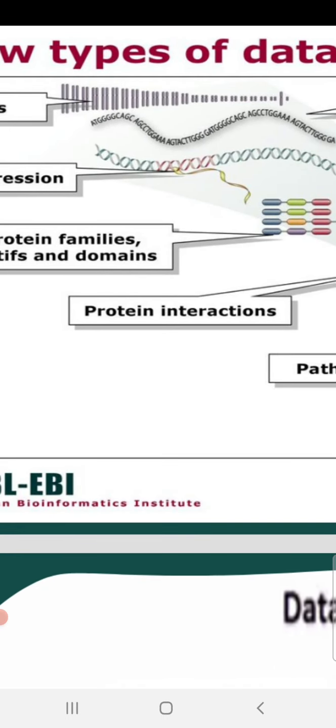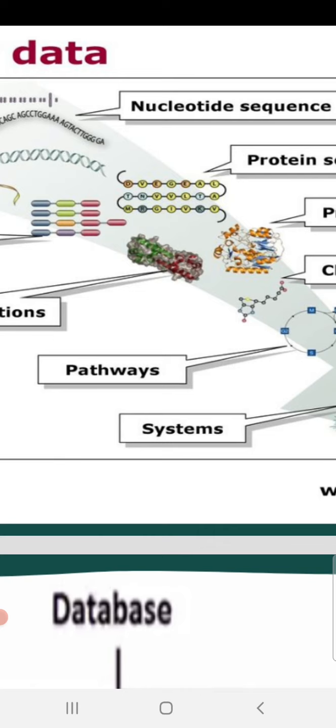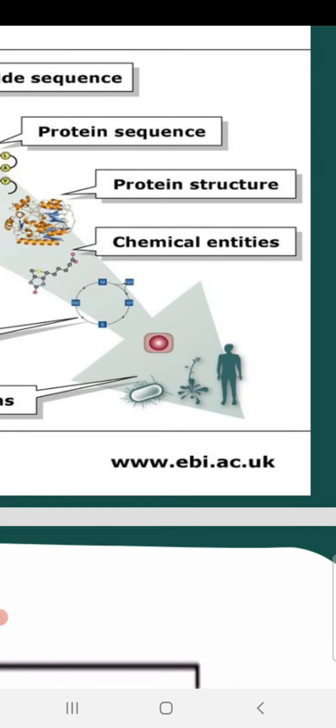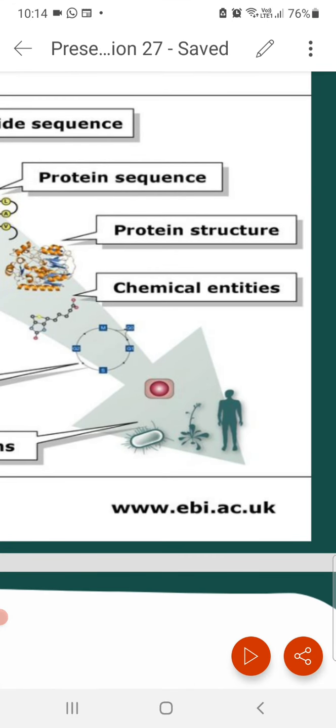And protein interaction, because in the biological system one protein will join with another protein, either in the form of an enzyme or vitamin, enzyme or other protein. So they will perform a particular function in the biological system. So protein interaction will give you the protein structure.